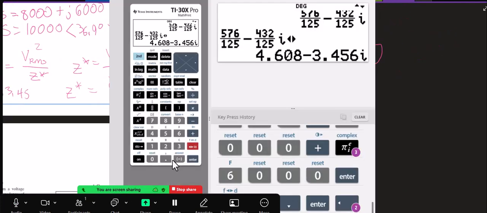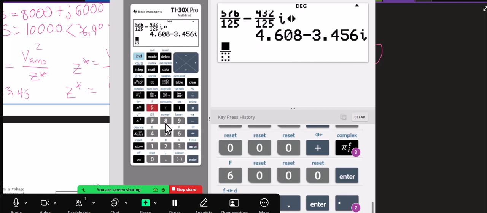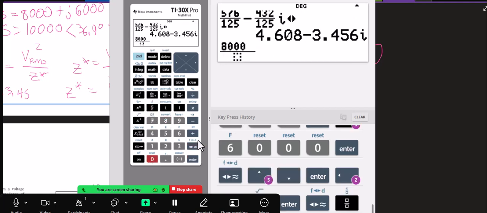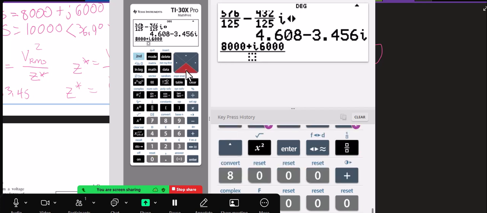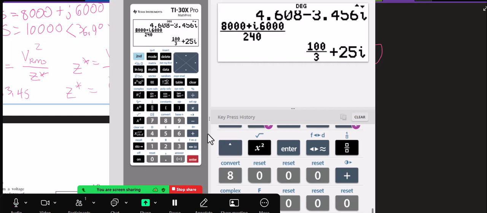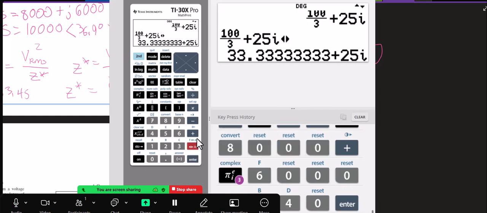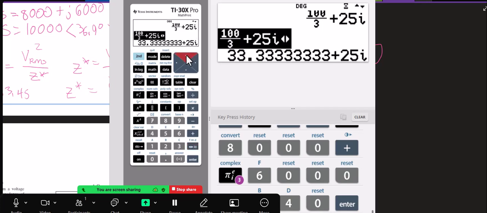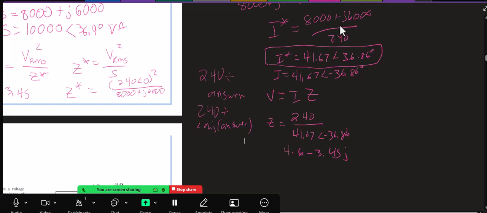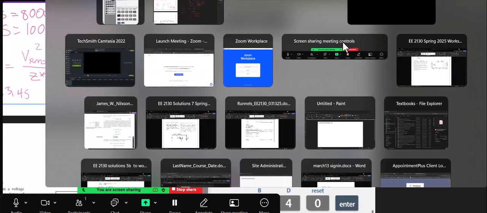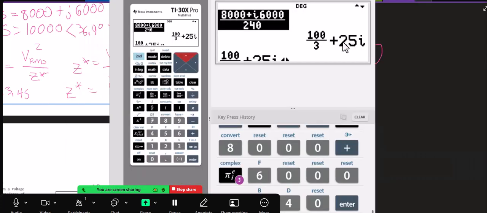So this is what we did to find I conjugate, except I didn't do that right. What was I supposed to do? Oh, maybe that is right.